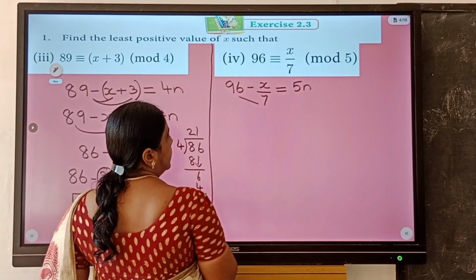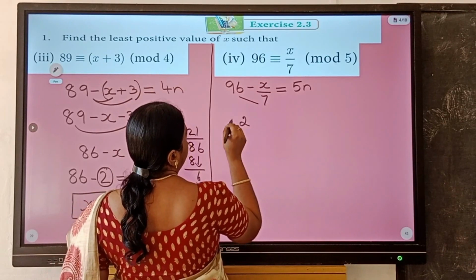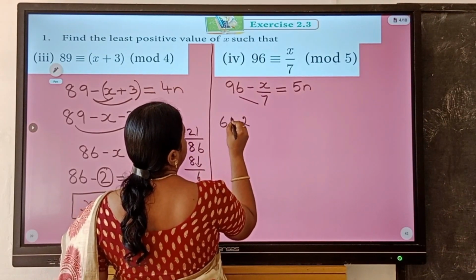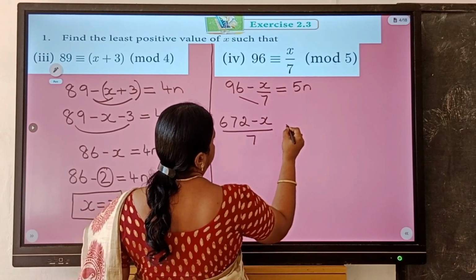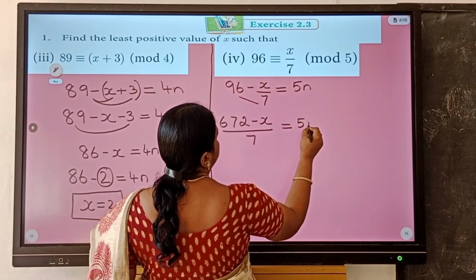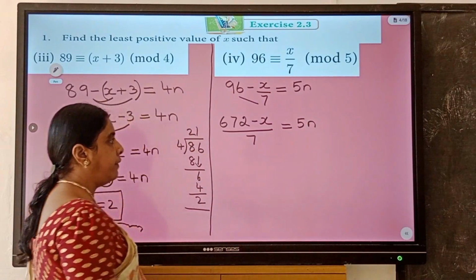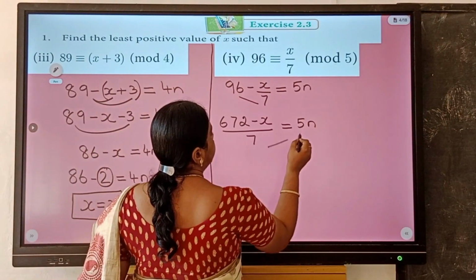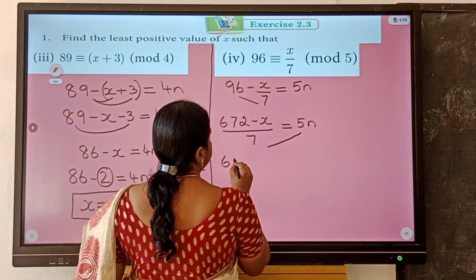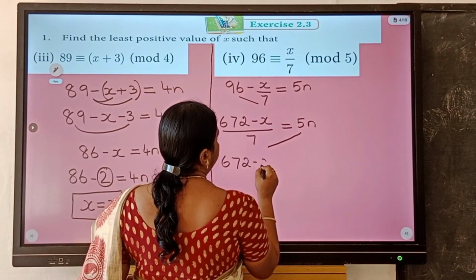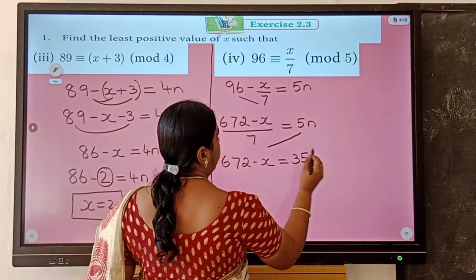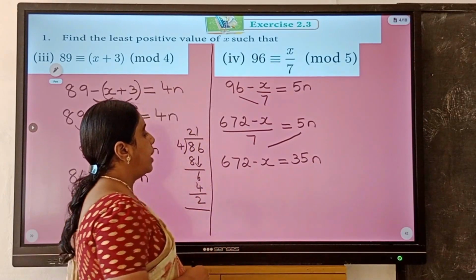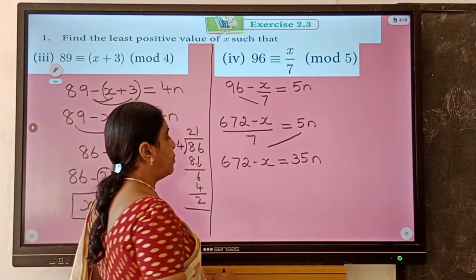I take the LCM, 672 minus x by 7 is some multiple of 5. I am moving the 7 to the other side. 672 minus x is equal to 35n.